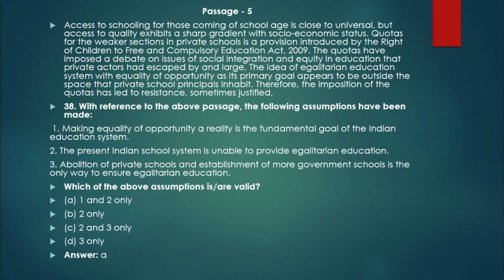Third statement, abolition of private schools and establishment of more government schools is the only way to ensure egalitarian education. Which of the above assumptions is valid? Option A, first and second only. B, second only. C, second and third only. D, third only. And the answer is option A, first and second only.